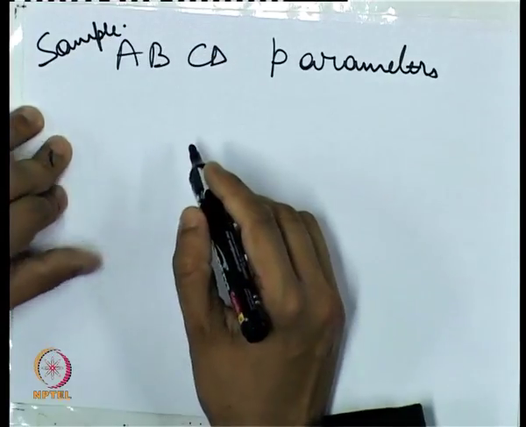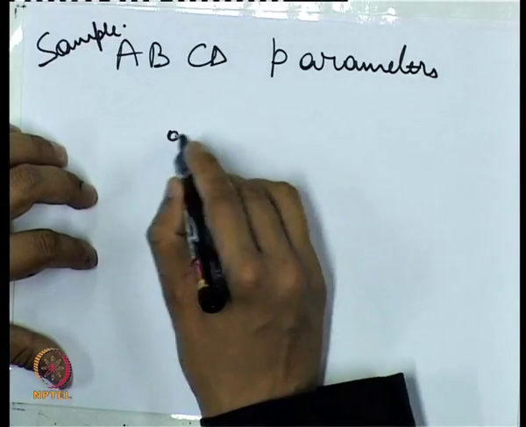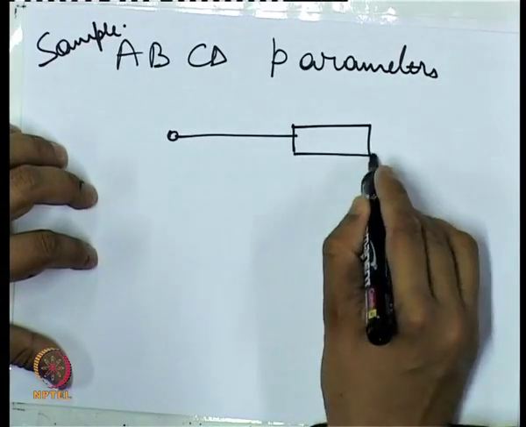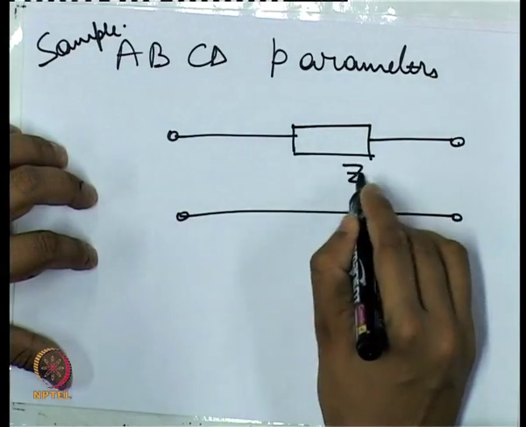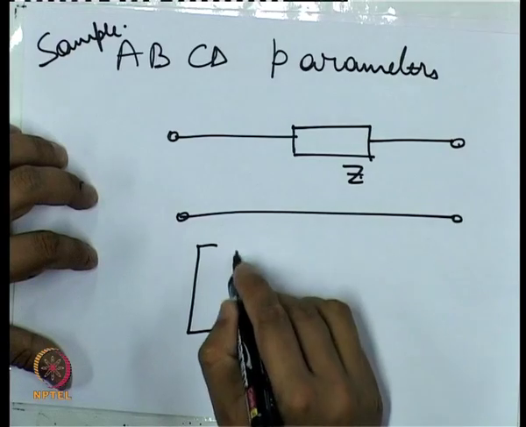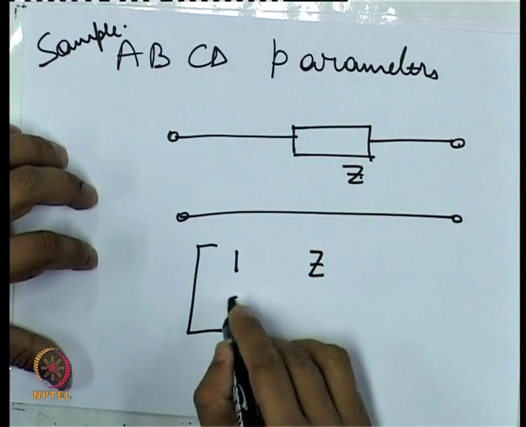Here are sample ABCD parameters of some common circuits. Say we have a lumped impedance in series, then its ABCD matrix is given like this.